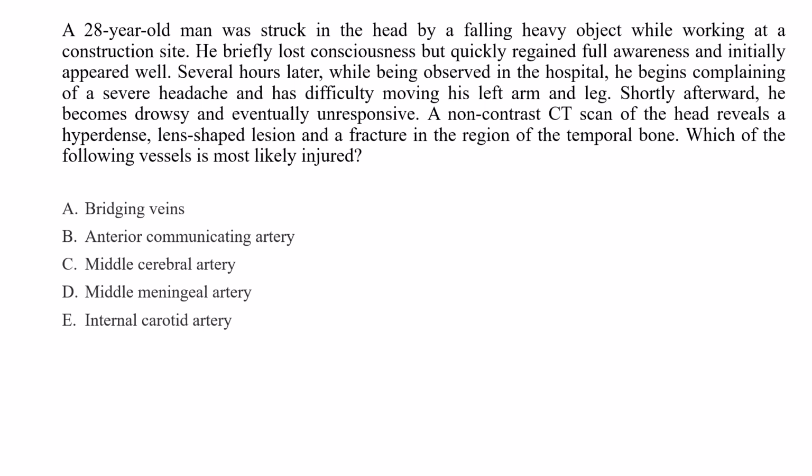Number two, interpret the imaging findings because different types of intracranial hemorrhages have characteristic shapes and locations on the CT scans. And number three, connect the anatomy with the clinical signs by understanding how trauma to specific skull regions relates to underlying vessels and potential bleeds.